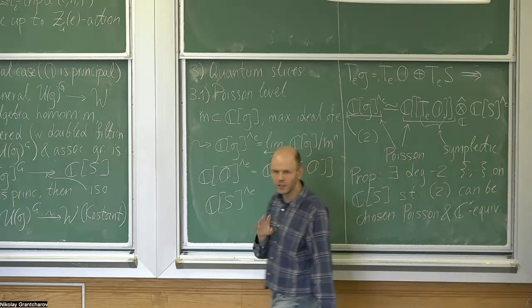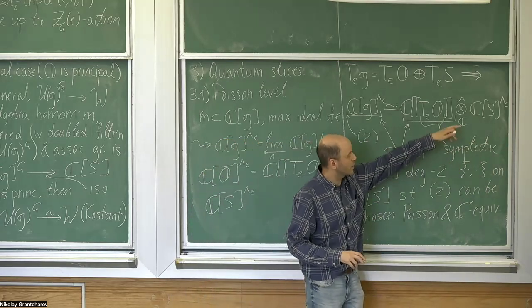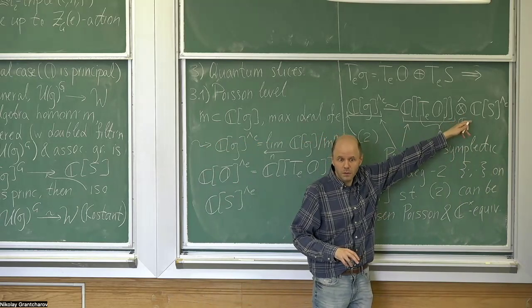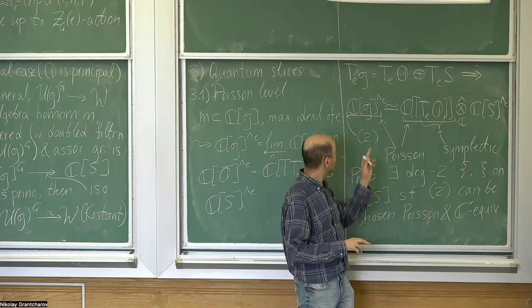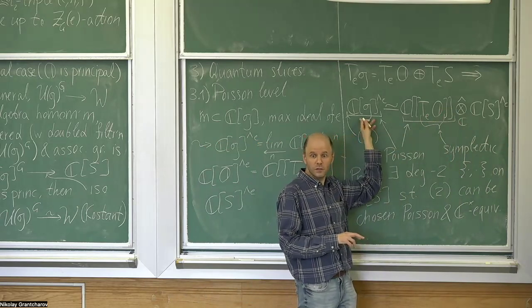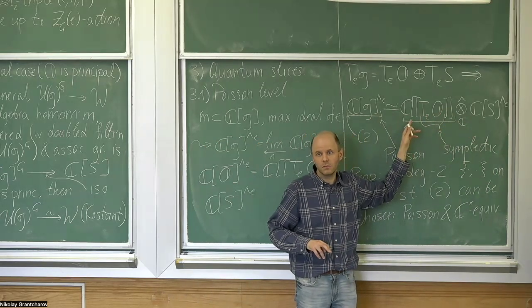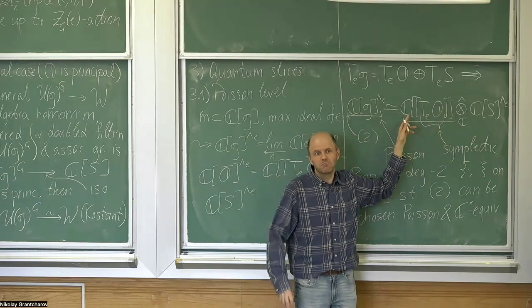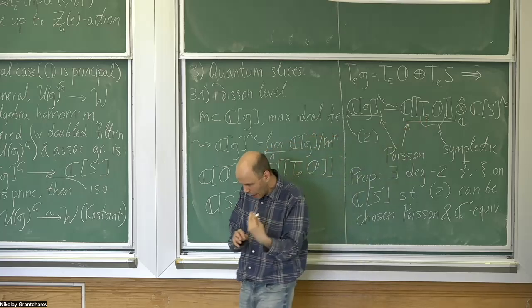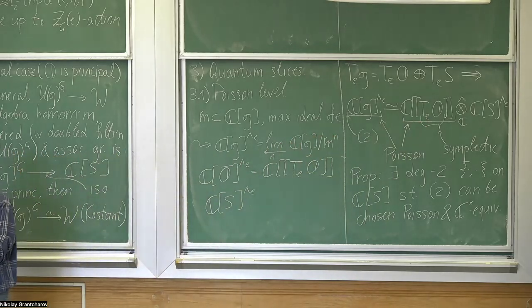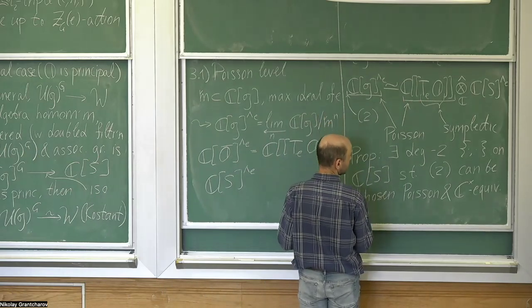There are a lot of choices, but I claim that with a suitable Poisson bracket on C of S, that will then give me a Poisson bracket here, I can make this isomorphism Poisson and C star equivariant. Here I have its restriction, here I have some action. This action again comes with a twist of the natural scaling action. Okay. This is a proposition.